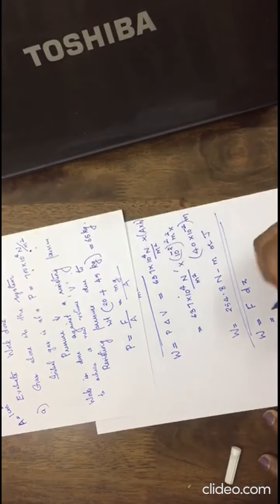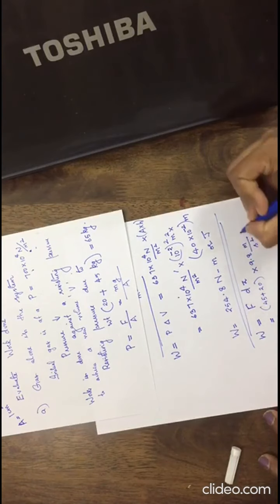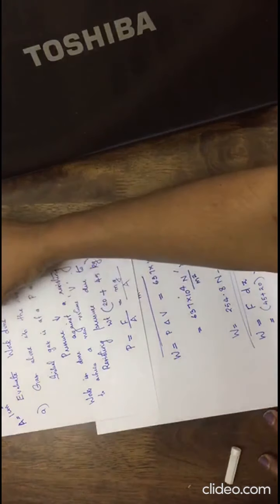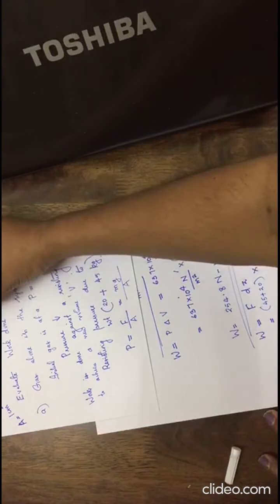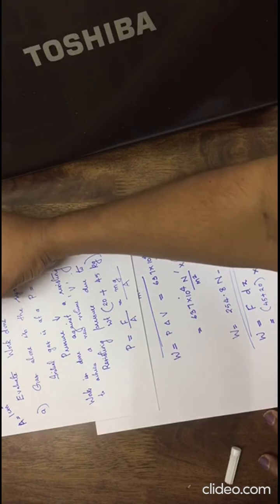So F you can calculate as mg, that is due to piston rod plus the weight, multiplied by 9.8 meter per second square, multiplied by the change the piston has risen, the expansion work done, or the energy expended in the form of work once the object travels through a distance.